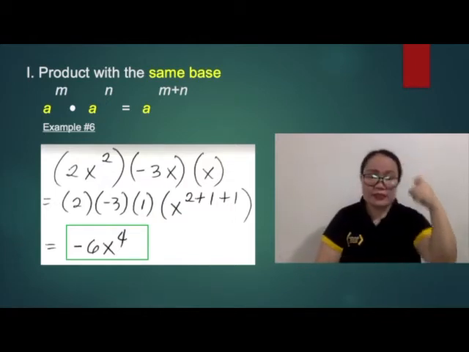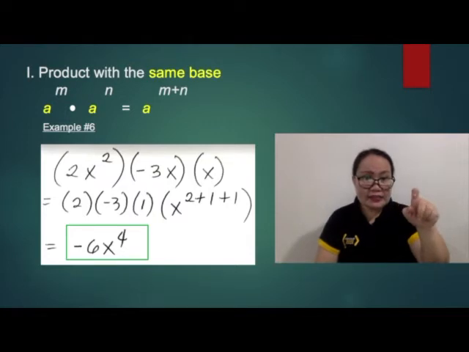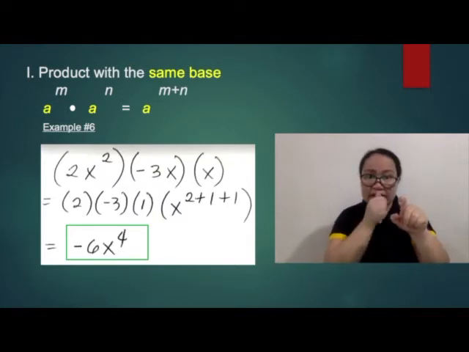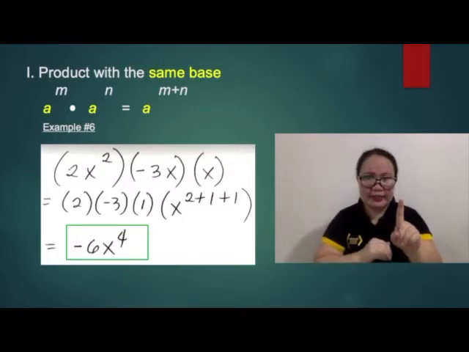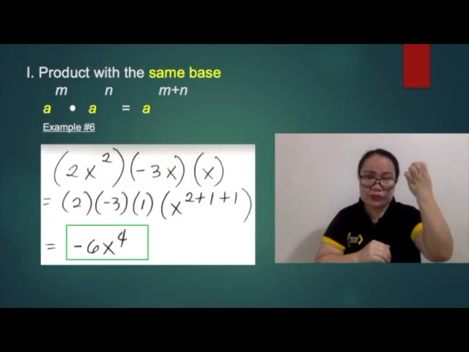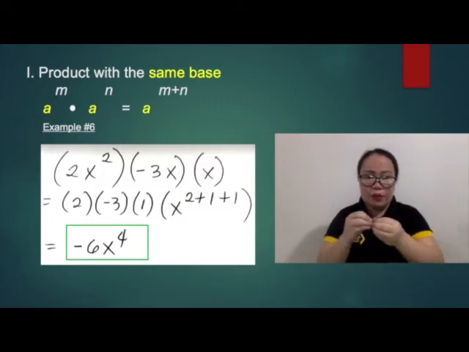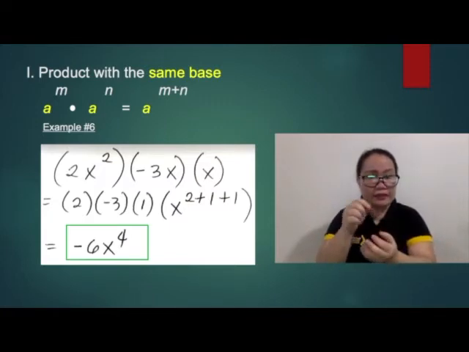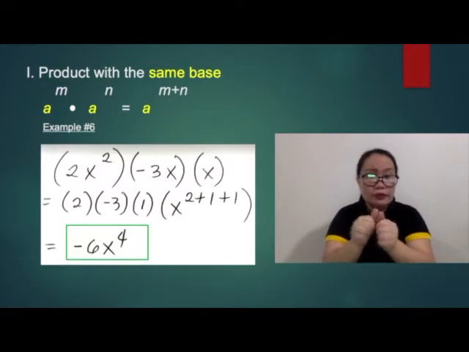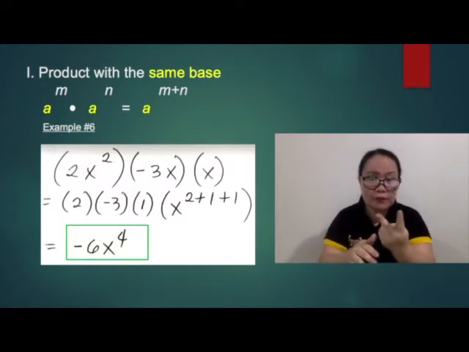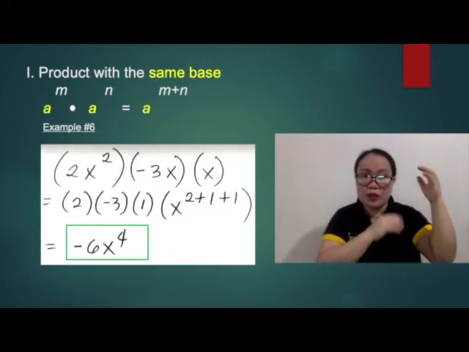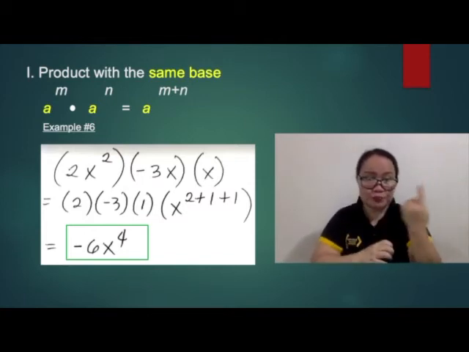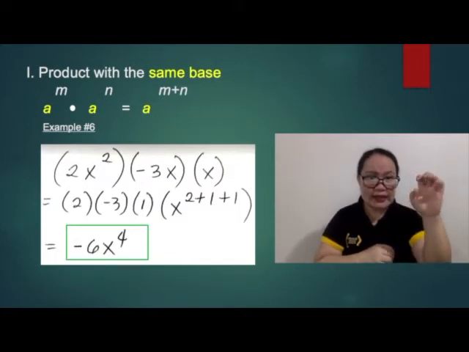1, because x has a hidden numerical coefficient which is equal to 1. The same with the exponent: a number or a variable with no visible exponent is always assumed to have 1 as an exponent.